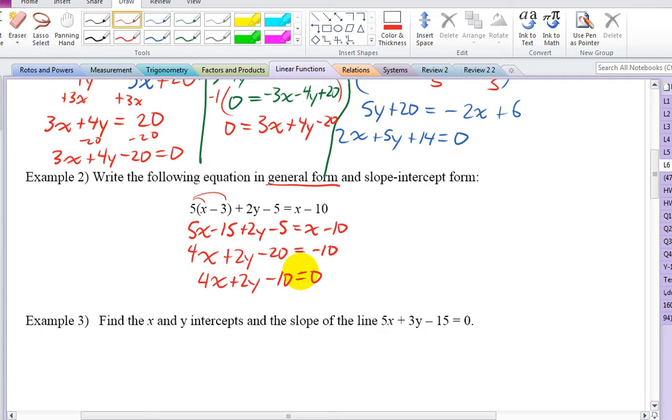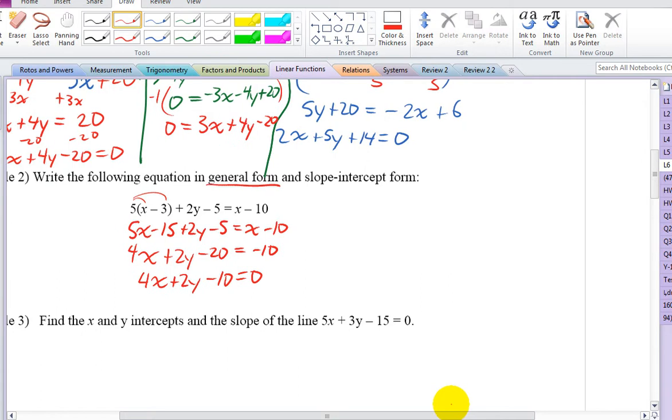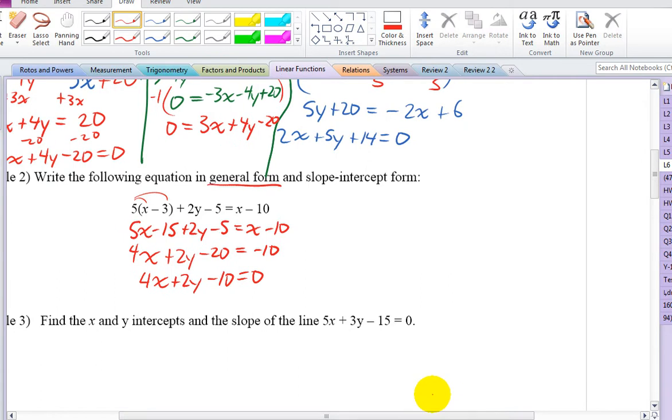So 4x plus 2y minus 10 equals 0. Hands up if you got that. Awesome. So now we're going to show you something that's going to make yesterday's homework a lot easier.